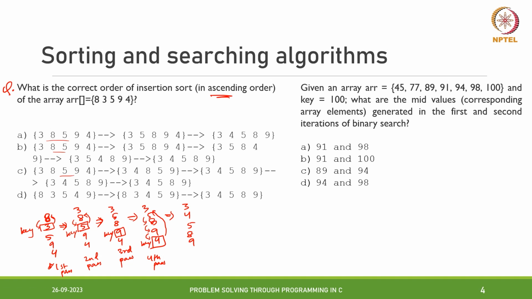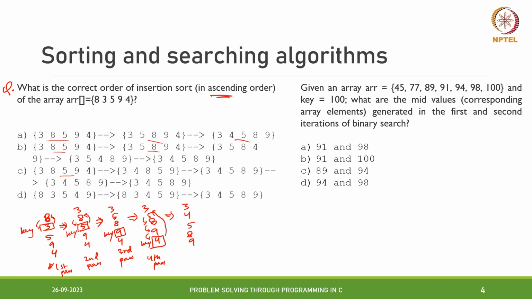Then we have 3, 5, 8, 9, 4, still two options here. Then 3, 5, 8, 9, 4 is the same, so it doesn't matter. Then we skip on to the next pass, and we have 3, 4, 5, 8, 9.